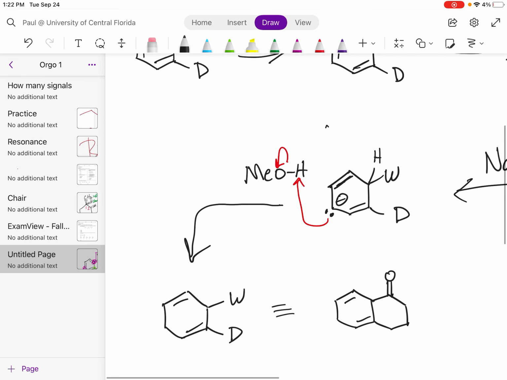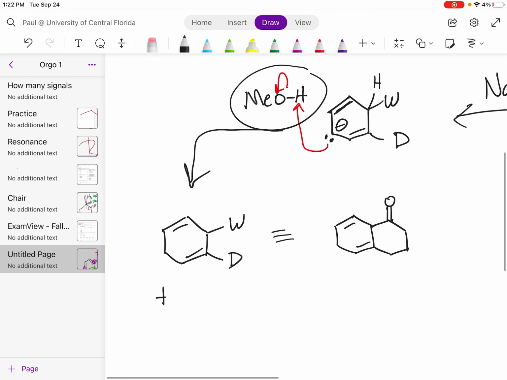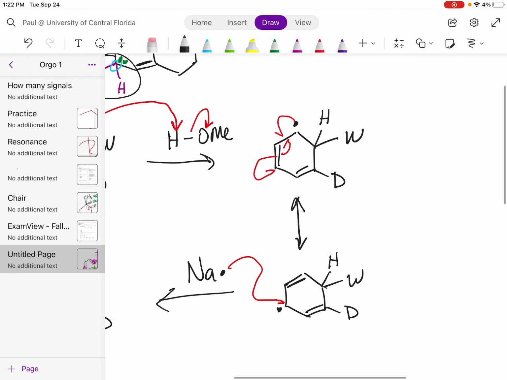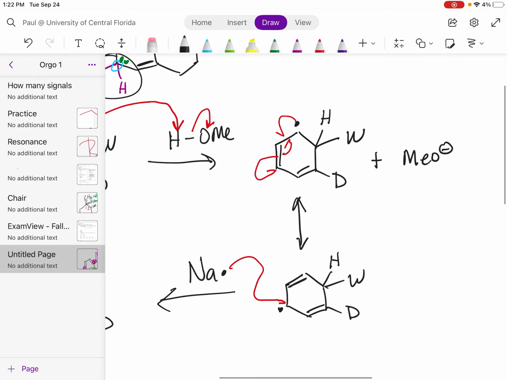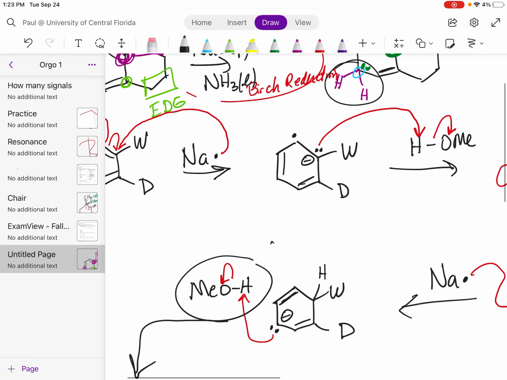And obviously the methanol right here that's used here, it would still be the methoxide floating around. And our first time that we did methanol, it would look like this over here as well. Okay. And then what does the sodium look like after it donates its electron?